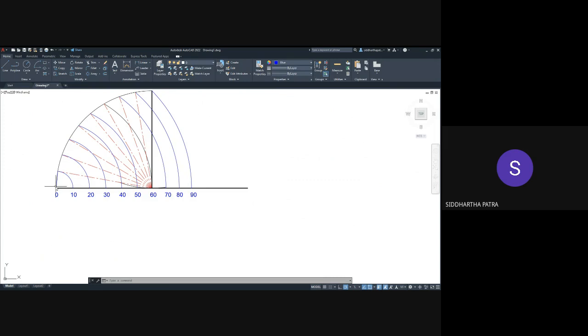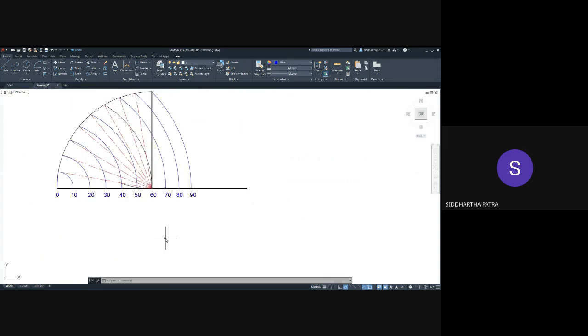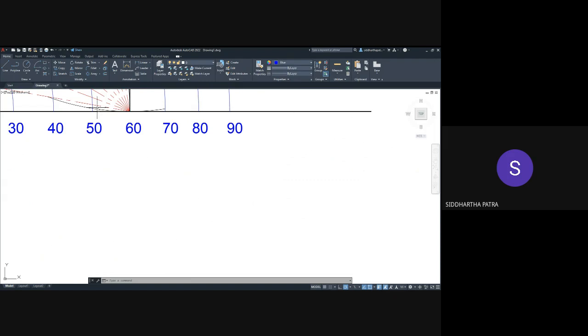So for example, if I am interested in finding out 53 degrees, I'm going to divide this 50 to 60 degree portion into 10 equal segments, like the way we have done before.